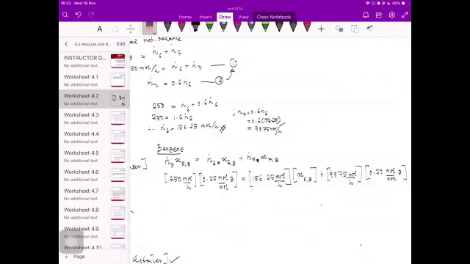Okay, so we have 250 times 0.25, that is 62.5. And we have 156.25 X6B plus 93.75 times 0.2, we have 18.75.